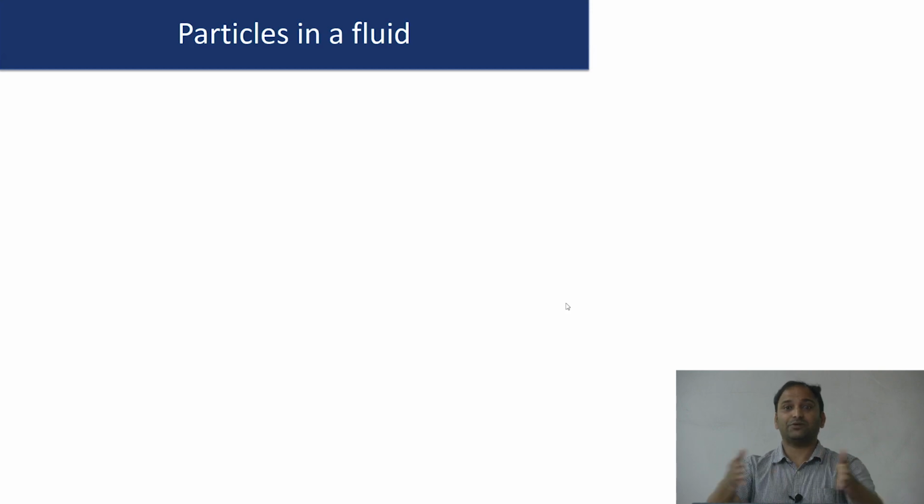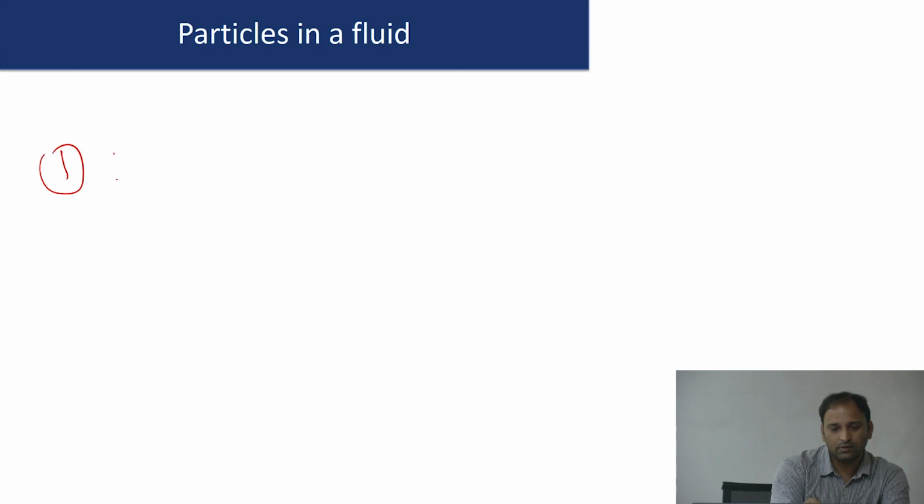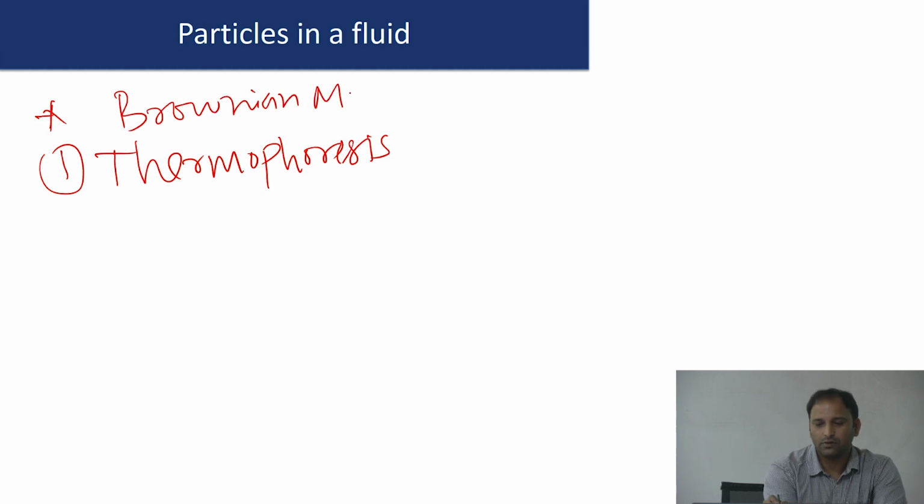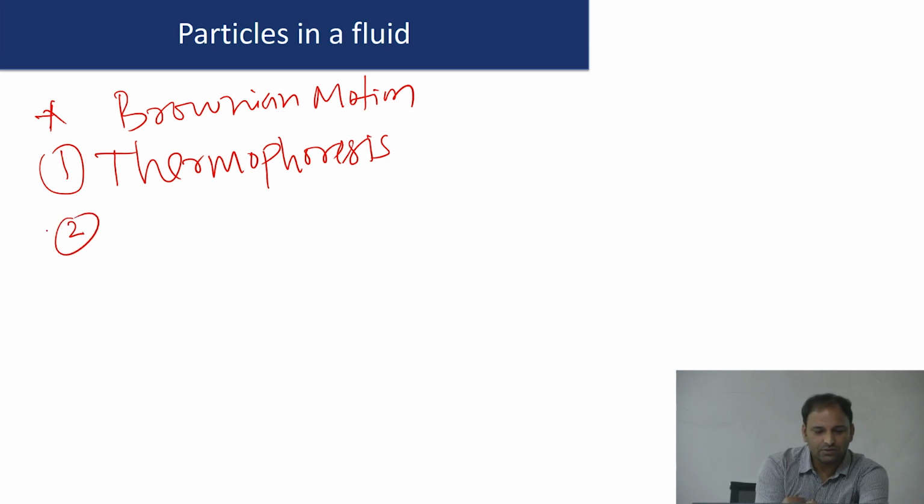Okay, now because of this temperature gradient, the things can move. That is what is called thermophoresis. Okay. Any other examples of how to make them move?